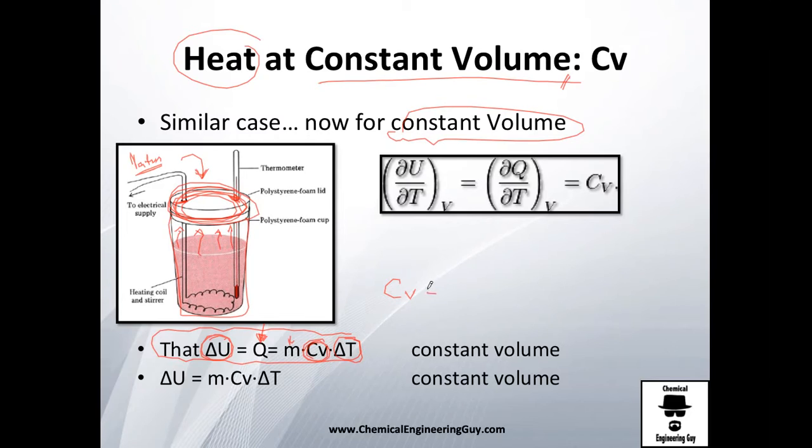And you're going to see later that CV and CP in gases are not always the same, of course, because an open system and a closed system are not the same.